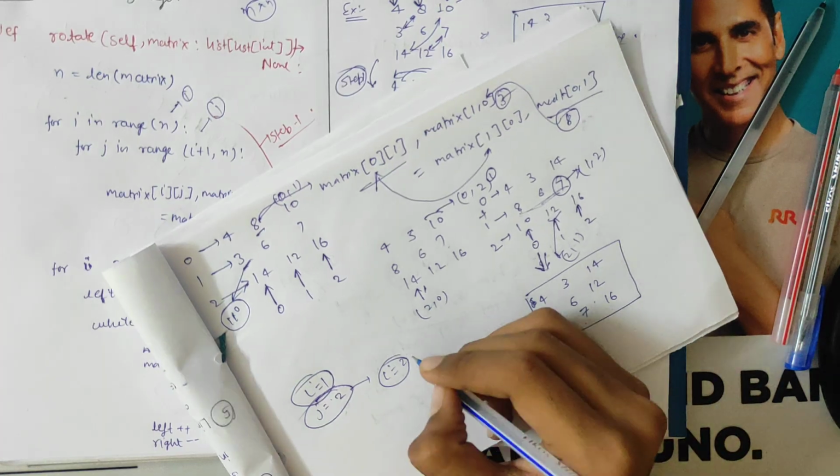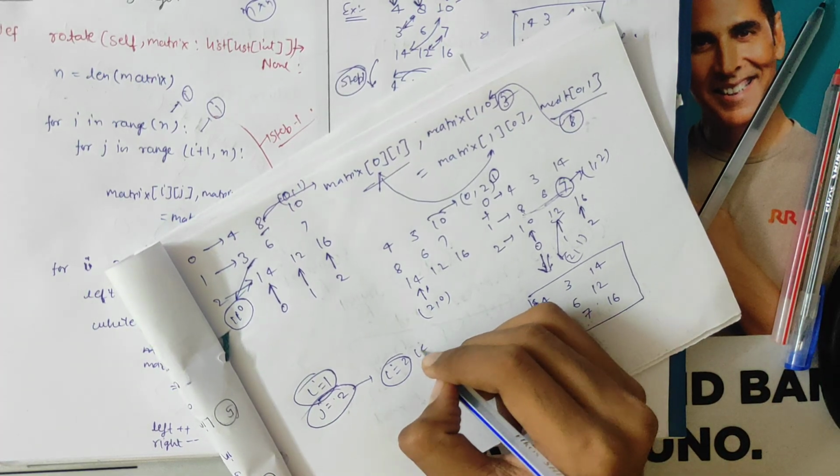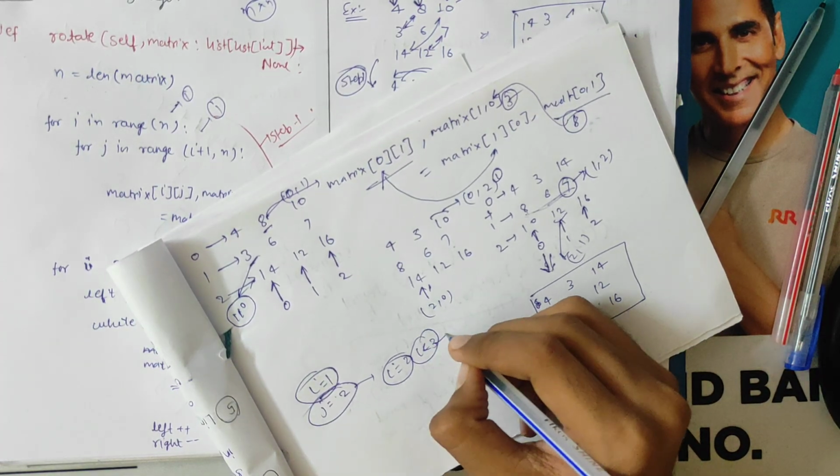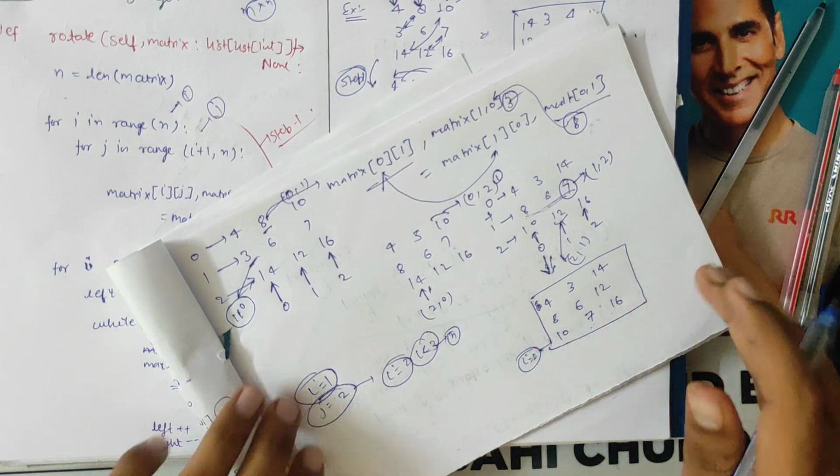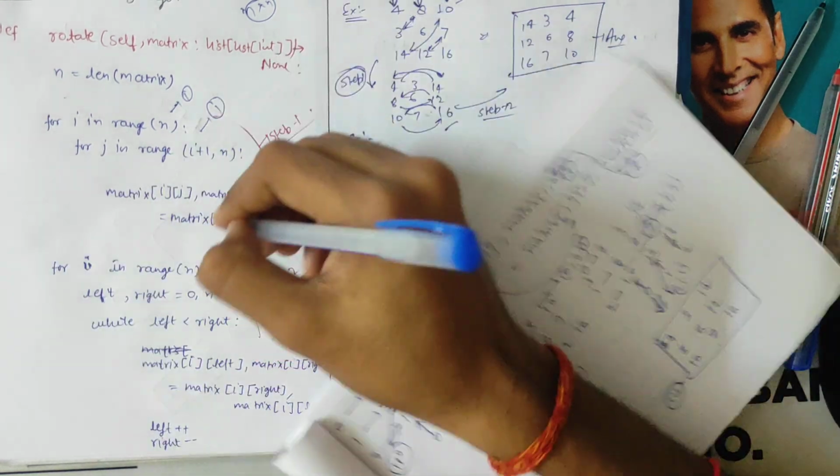I can't go more than 2, because i is less than n and n is 3. So the first step is done here.